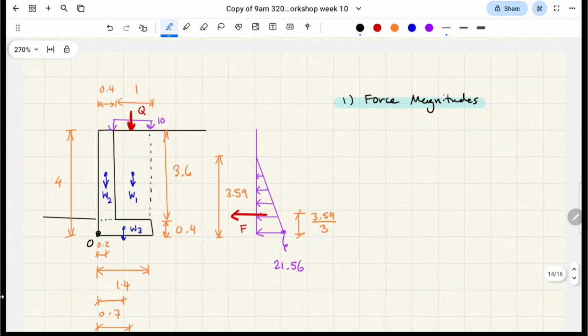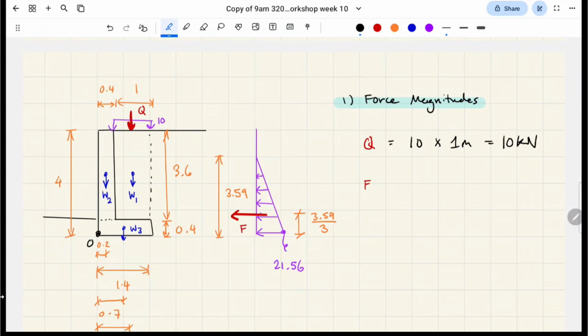Force magnitudes. So we're going to calculate it for Q, and we're going to calculate it for F. As I alluded to earlier, Q is going to be our surcharge of 10 multiplied by 1 meter. 1 meter is the amount of soil contained above the cantilever portion of the retaining wall, the heel.